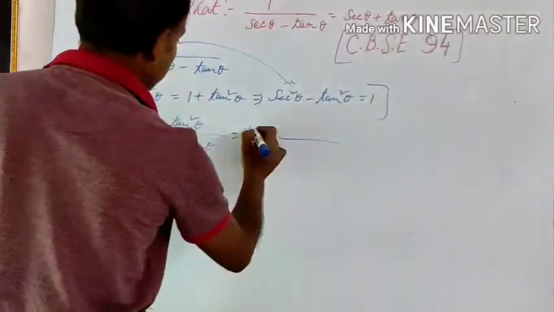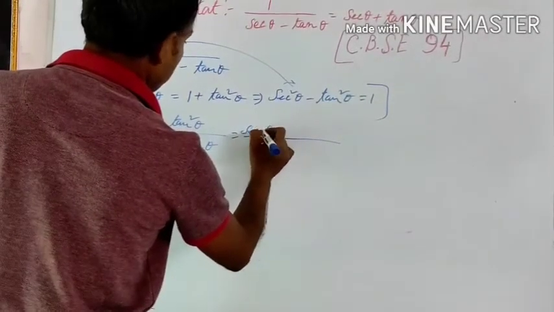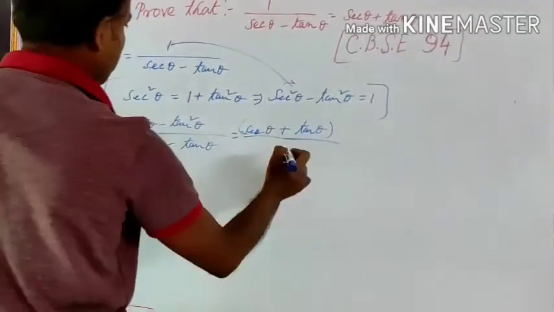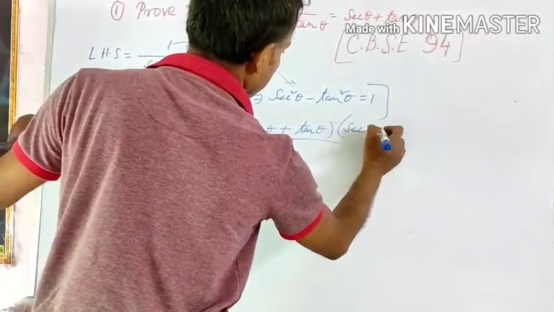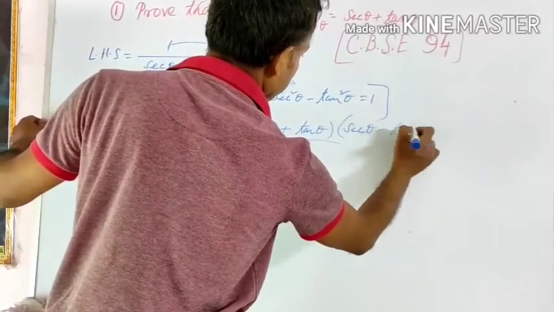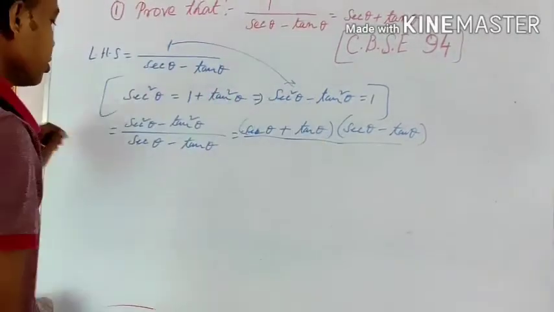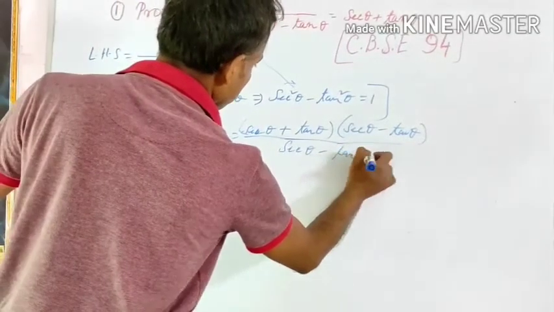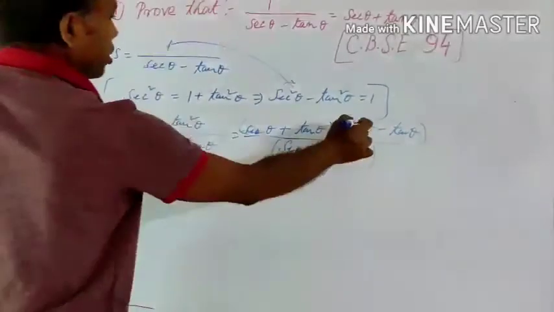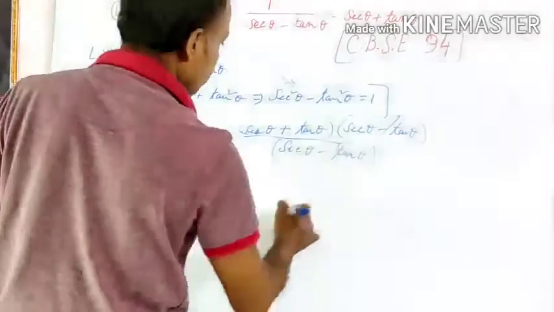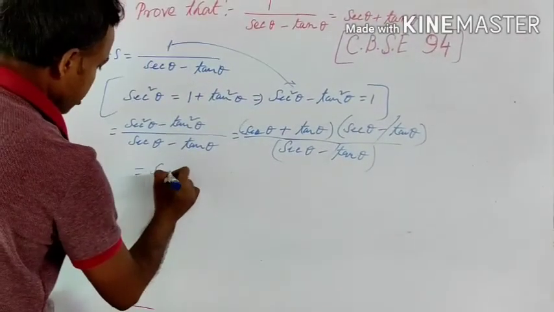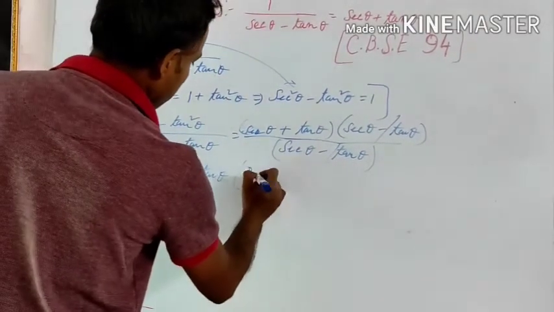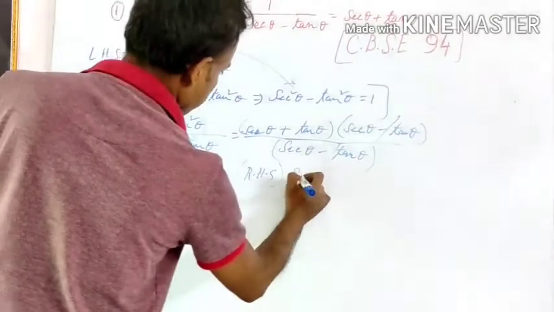So a means sec theta, b means tan theta: sec theta plus tan theta into sec theta minus tan theta, by sec theta minus tan theta. Sec theta minus tan theta cancels out. This will be sec theta plus tan theta, which is equal to the right hand side. Proved.